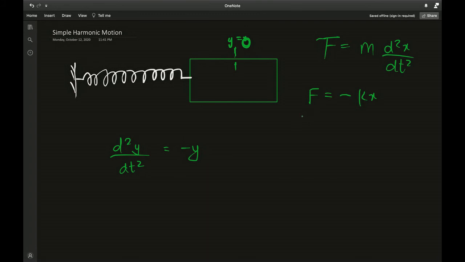Now, the way I'm going to look at this problem is that if I pull this block to the right so that the spring is extended by a delta y value, and then when I leave it from this point, it will just start oscillating back and forth and back and forth and back and forth.